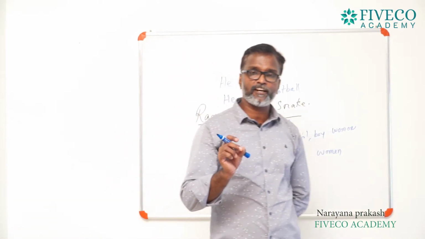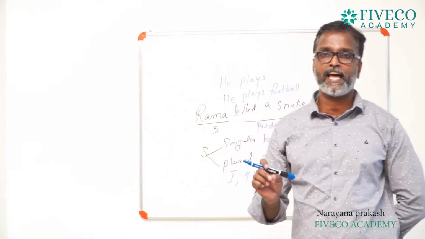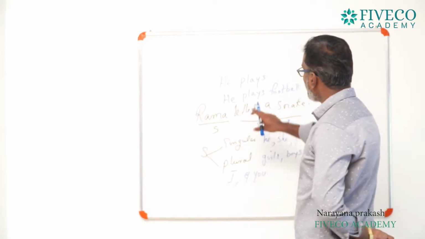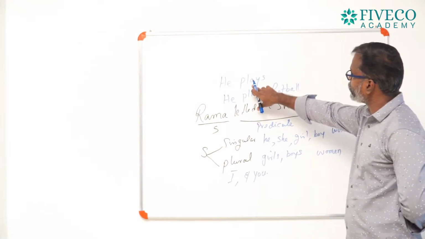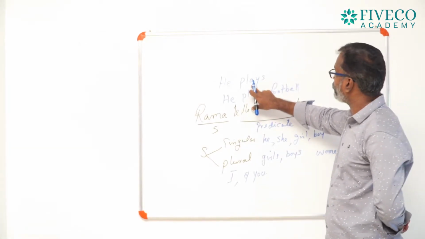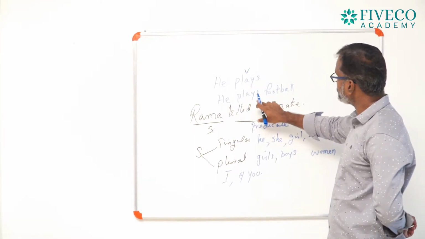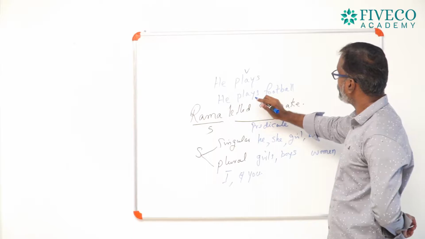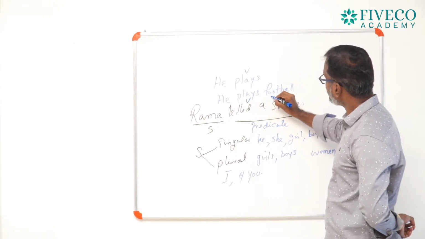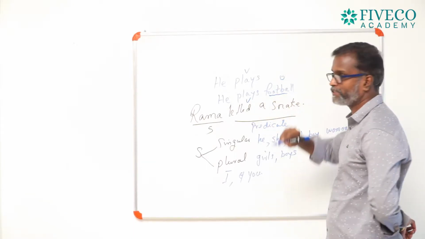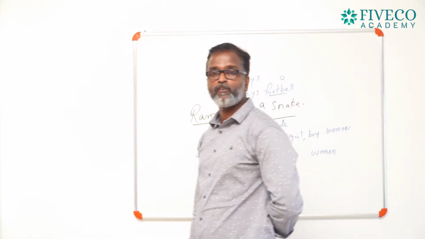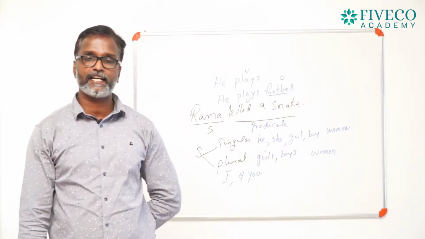So, what is the difference between the first sentence and the second sentence? In the first sentence, we used only the verb. Plays is the verb, and in the second sentence, plays is the verb, but here we have one object.